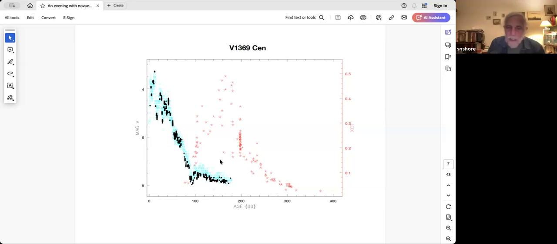The thing that you see here is the X-rays rise as the UV, as the optical declines. This glitch is dust formation. I'll try to get to that in just a bit.